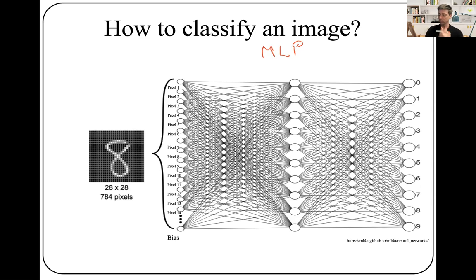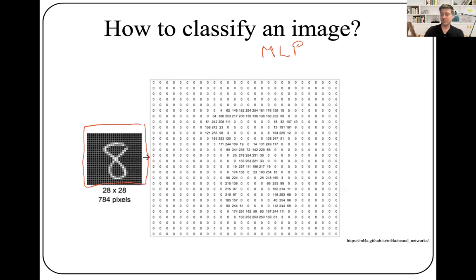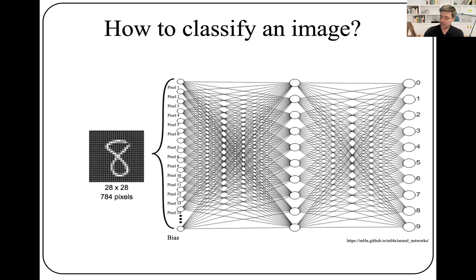The standard approach would be to take this image, like this, with the numbers, and then to consider each of the pixels, so each of the 784 pixels, as a different input to the network.